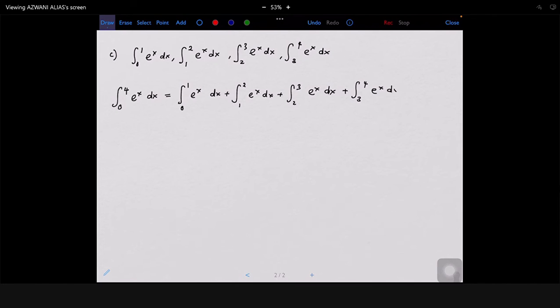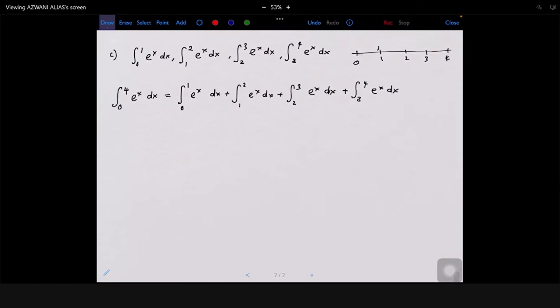So maksudnya kat sini interval from 0 to 4 ni dia dah pecah terus kepada 1, 2, 3, 4. Okay, dah pecah kepada 4 sub interval. Yang tadi pecah kepada 3 sub interval.